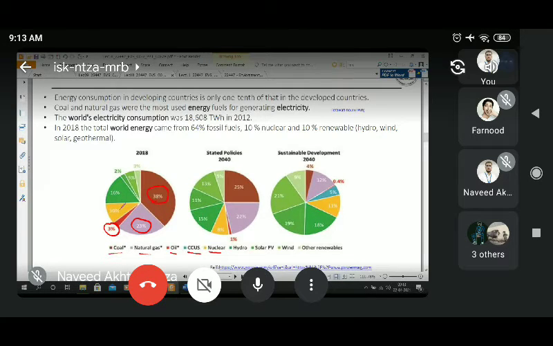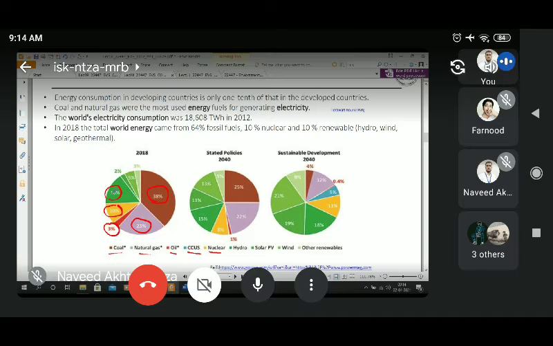Also the nuclear energy we are using around 10% overall in the world, and hydroelectricity we are generating 16% throughout the globe, and solar 2%.